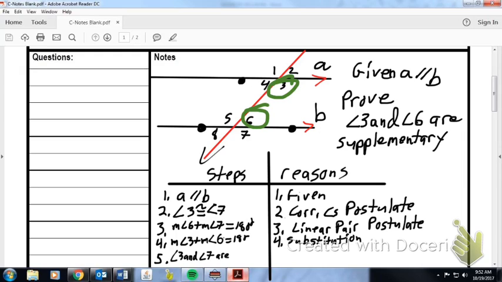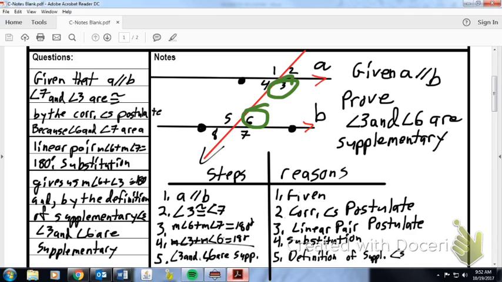Now remember, that is from the definition of supplementary angles. And it's 3 and 6 are supplementary. Because we know that when two angles add up to 180 degrees, they're supplementary angles. So because 3 and 6 add up to 180 degrees, they must be supplementary.